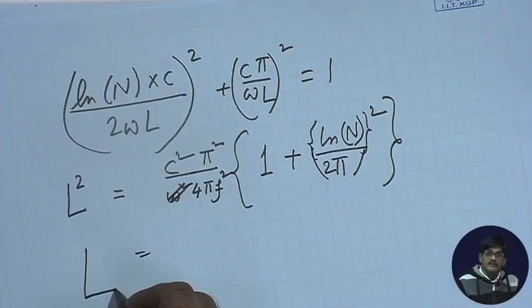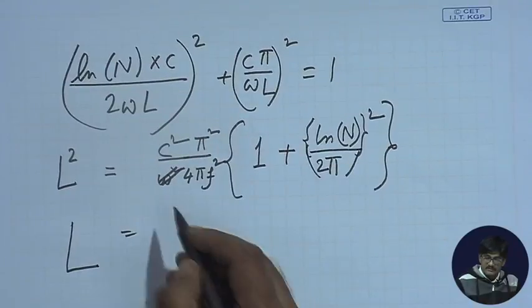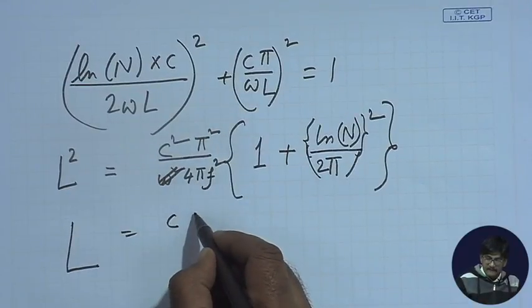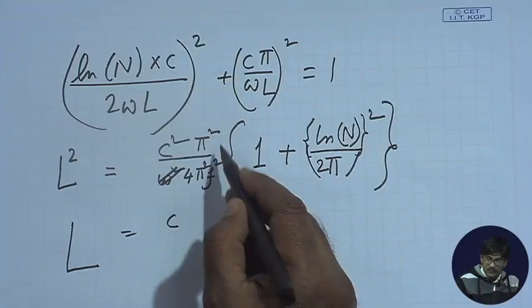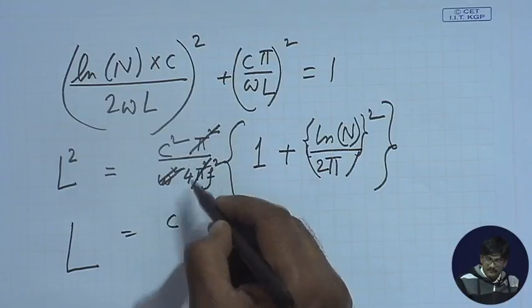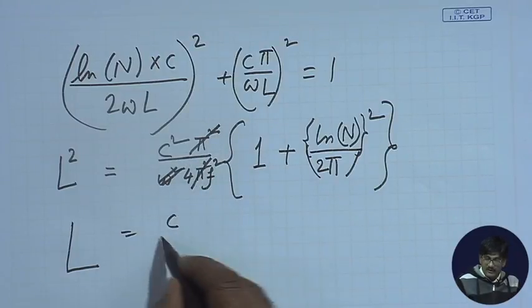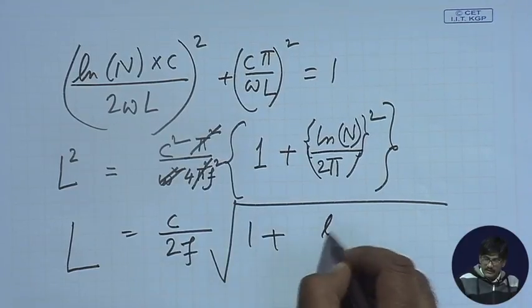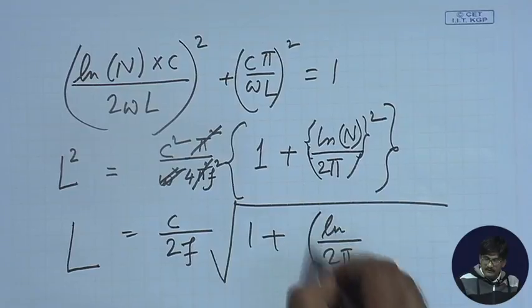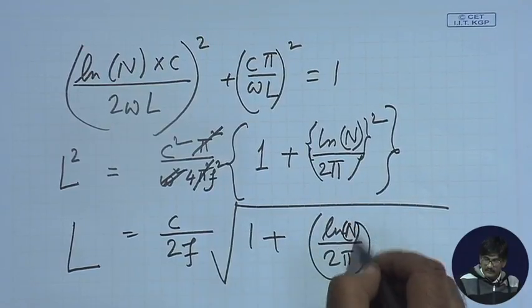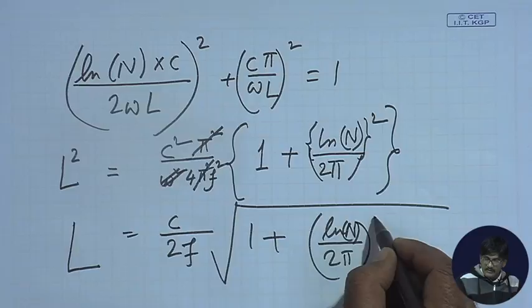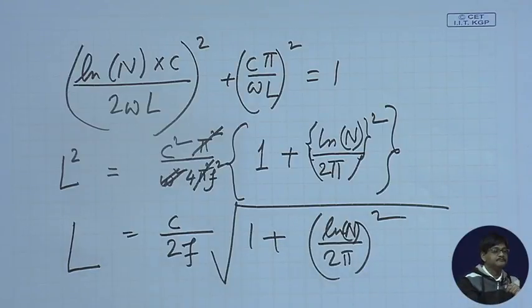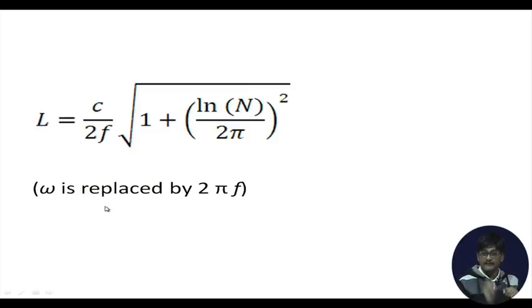So L will be equal to, in that case, c, pi will cancel, 4 pi square f square, c by twice f, root over 1 plus ln n by 2 pi whole square. Seems to be correct. Let's see. Yeah, exactly. We have got the expression that we had previously noticed.